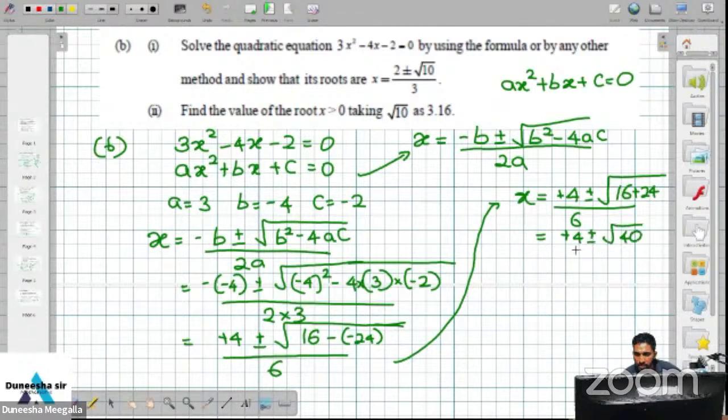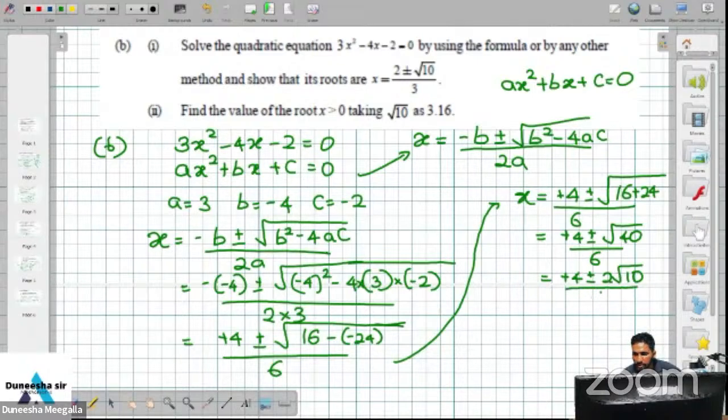Root of 40 divided by 6. Okay, you can get now plus 4 plus or minus 2. 4 multiplied by 10, if we take the 4 out of the root, it's 2.